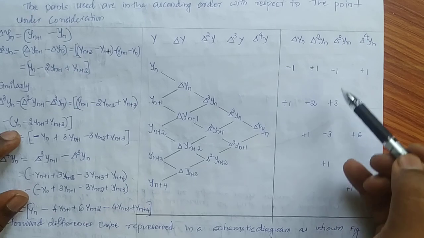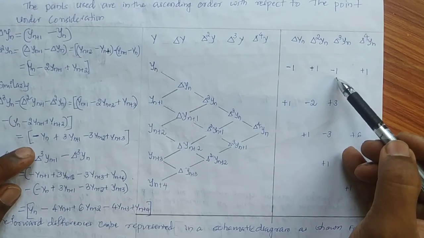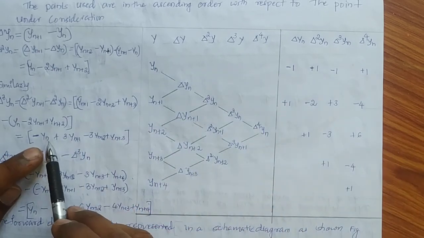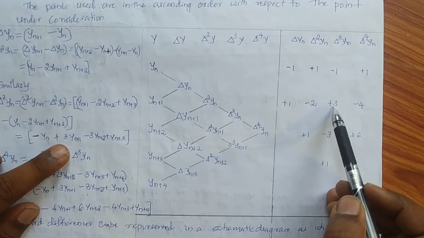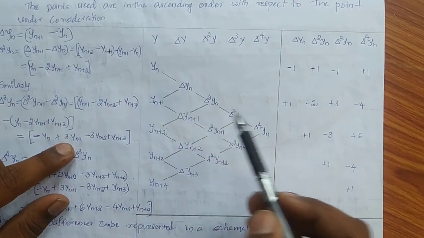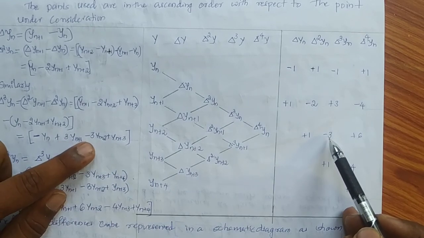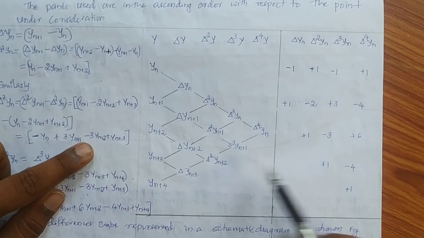You can see here delta cube yn is minus yn plus 3 yn plus 1 minus 3 yn plus 2 plus yn plus 3.